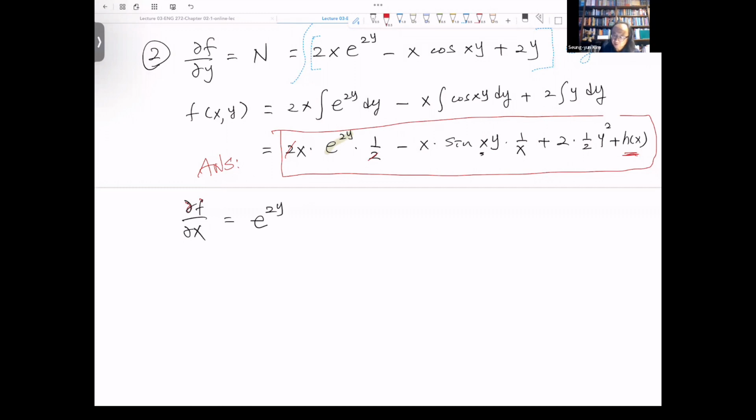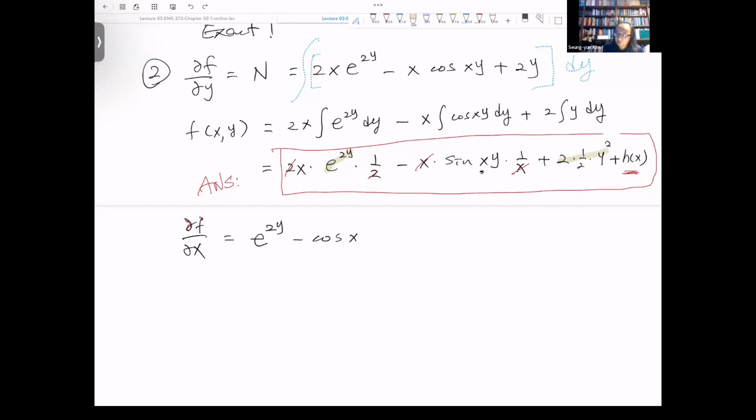Now we can cancel this y. So sine is going to be cosine times y. And then in the last one, the whole thing is the constant. There's no x terms, plus h prime of x.